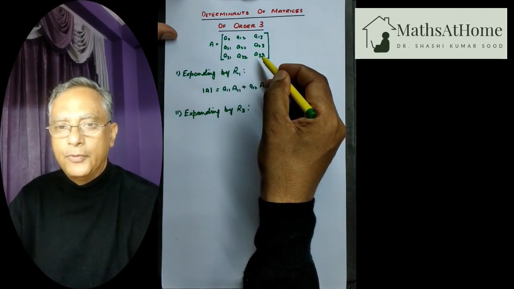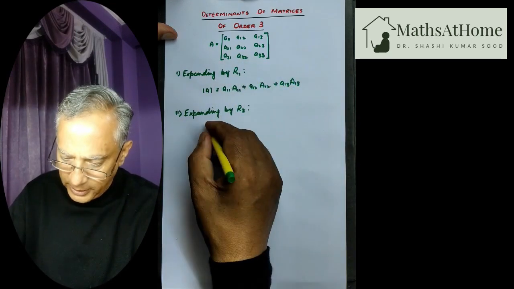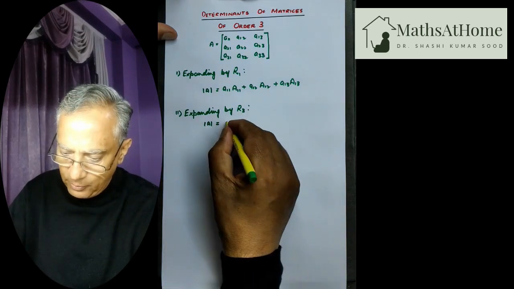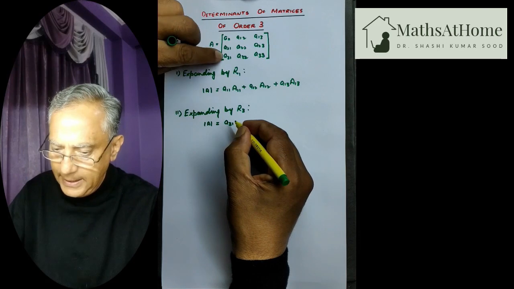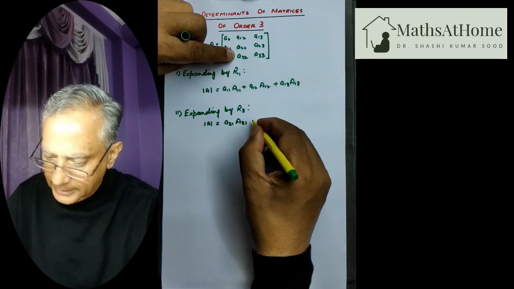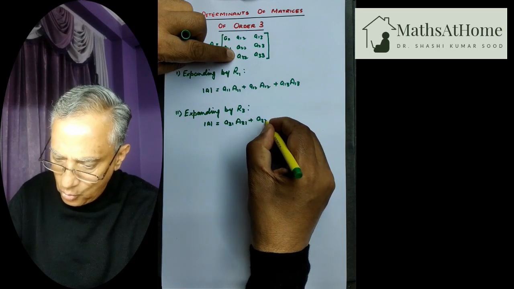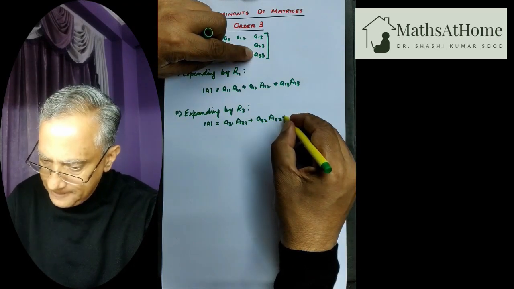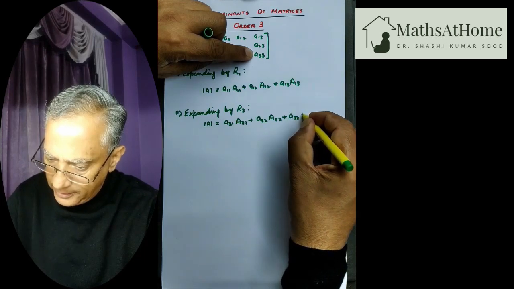We will get the value of the determinant. So determinant of A, if we expand it by row 3, will be a31 into capital A31, a32 into capital A32, plus a33 into capital A33.